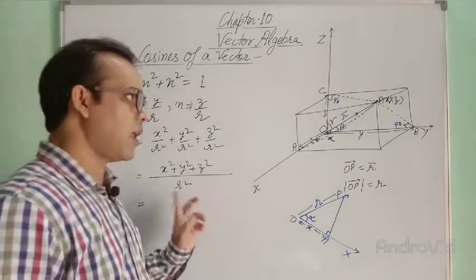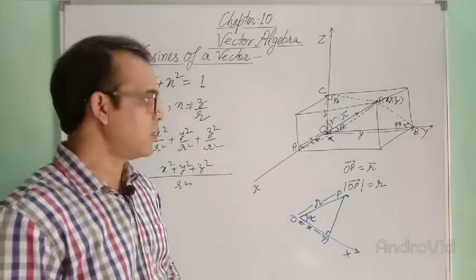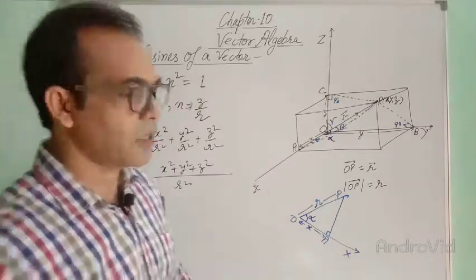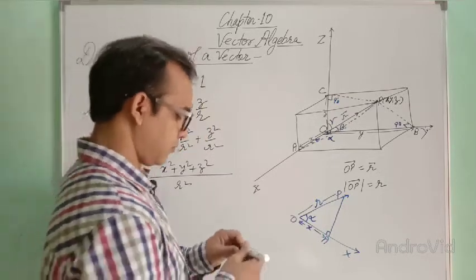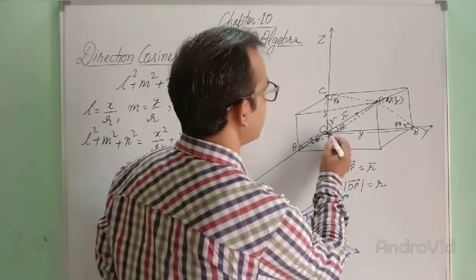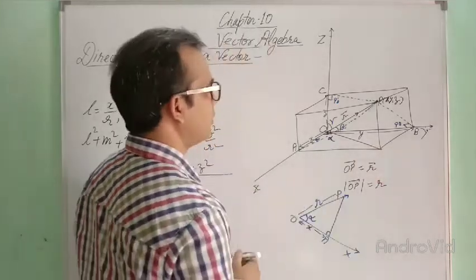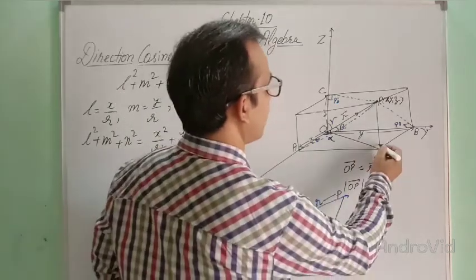Now R is the length of this OP vector. So let's try to get this length using the Pythagoras formula. Suppose this is joined, then you see that this is a right triangle.